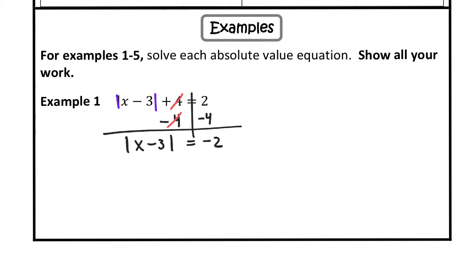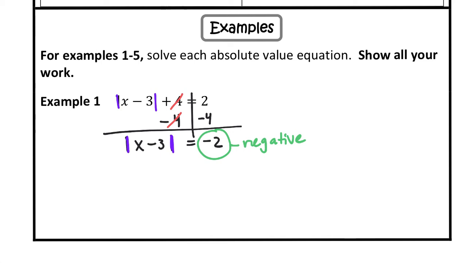All right, now I got the absolute value by itself. So the question is, what is this equal to? It's equal to a negative number.